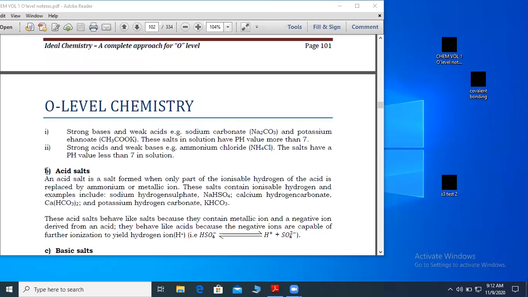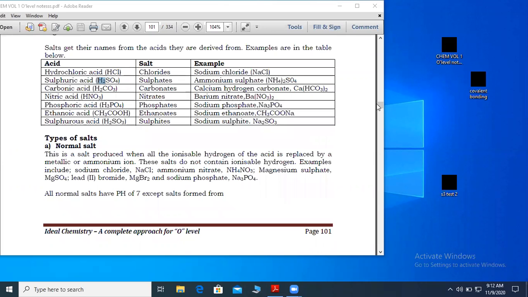We have acid salts. We are defining an acid salt as a salt formed when only part of the ionizable hydrogen of the acid is replaced. So not all hydrogen in an acid salt will be replaced by a metal or ammonium ion.